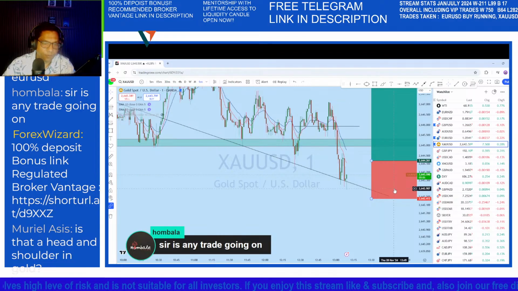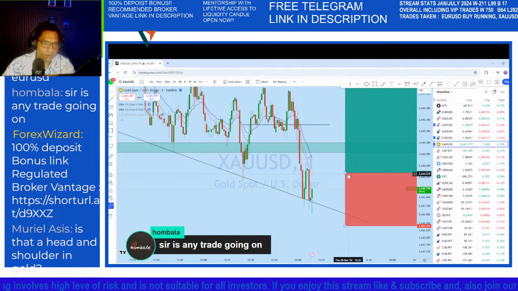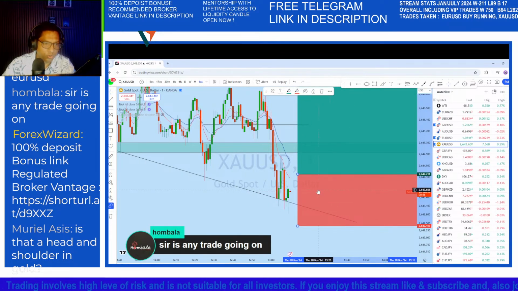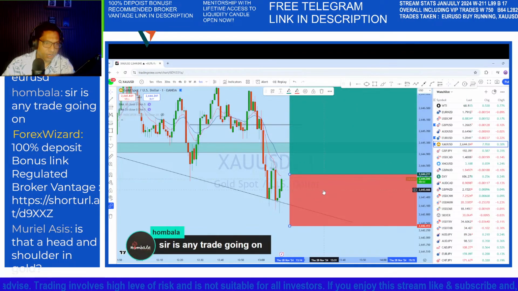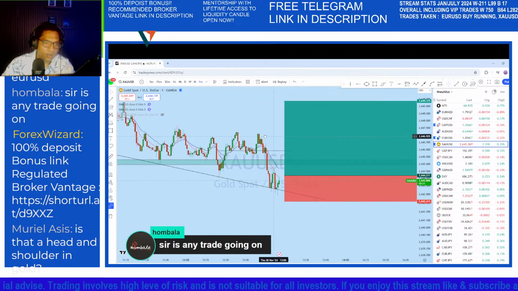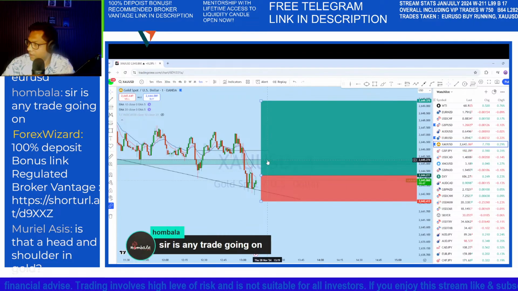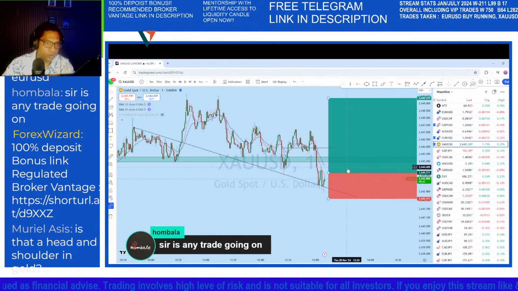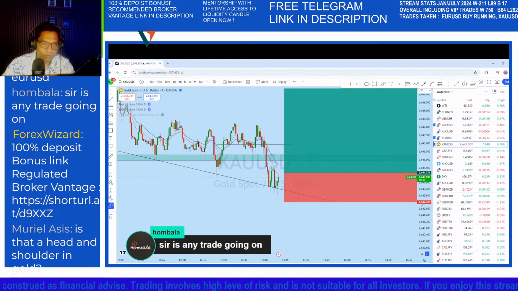From this support, this is a 1 minute candle closed with a pretty massive bullish engulfer. Now if this is a movement that we can expect it to reverse from this level, from the support level.